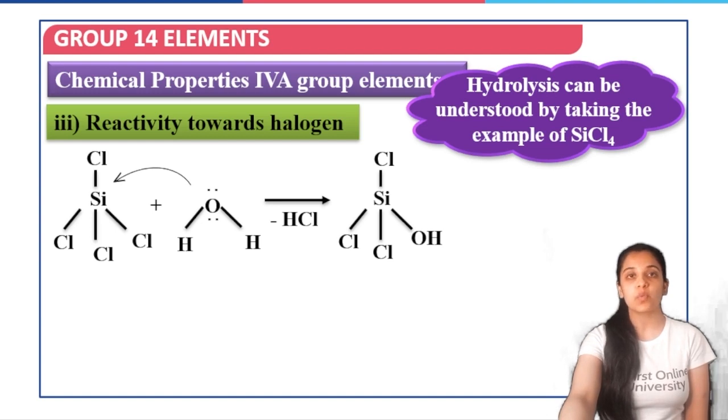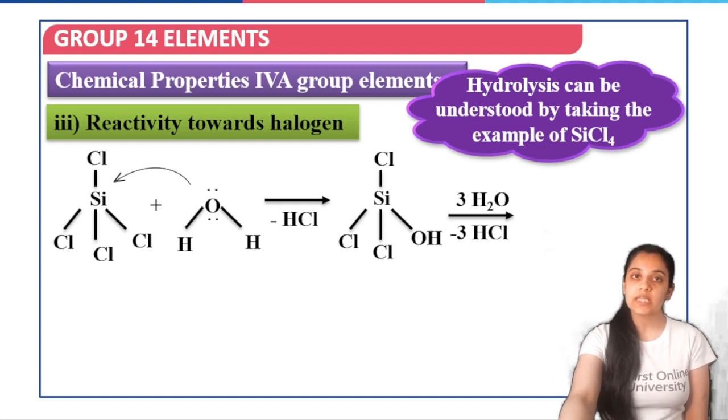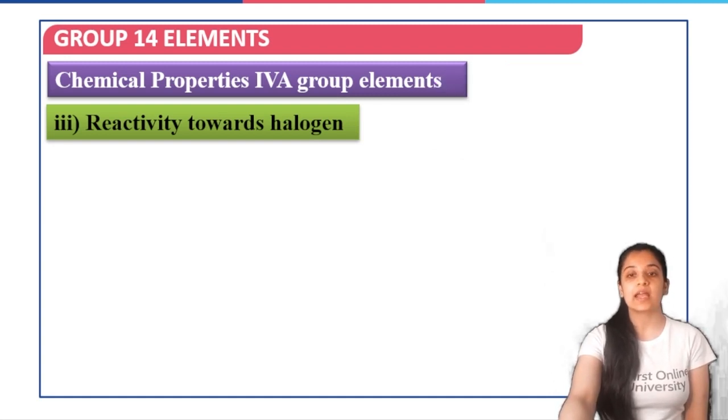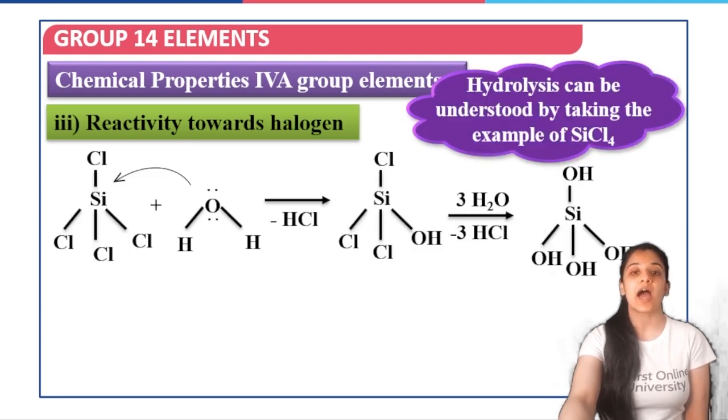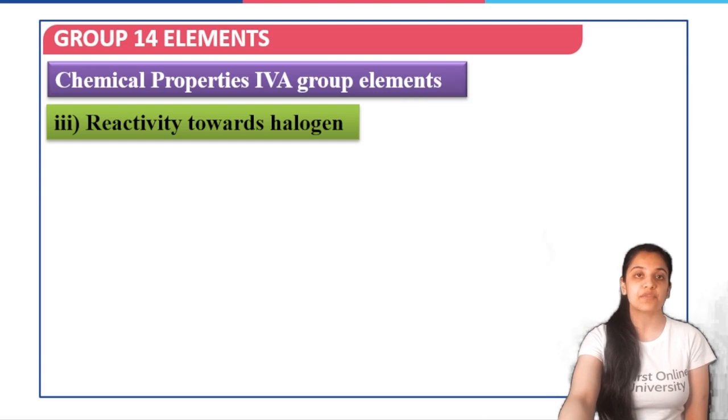In place of one Cl, we will have OH being formed. So SiCl3OH is going to be formed, and now in the similar way, each of the three chlorine atoms are also going to be removed as HCl, and now we have Si(OH)4. So this is how we will have the hydrolysis of SiCl4 taking place.